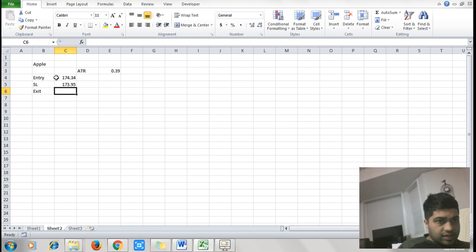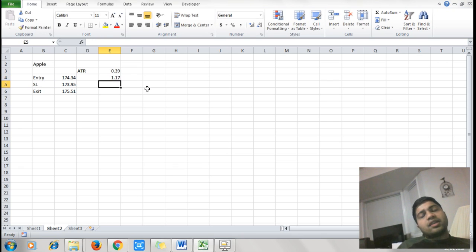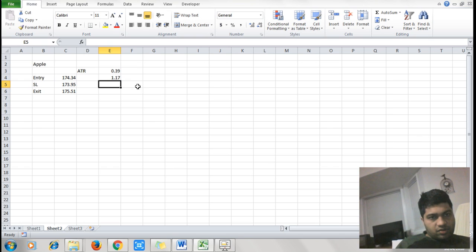So stop loss is entry point minus ATR and exit will be entry point plus 3 times ATR. So if we lose 39 cents, but if we gain bare minimum 39 into 3, $1.17. So this is risk reward ratio.